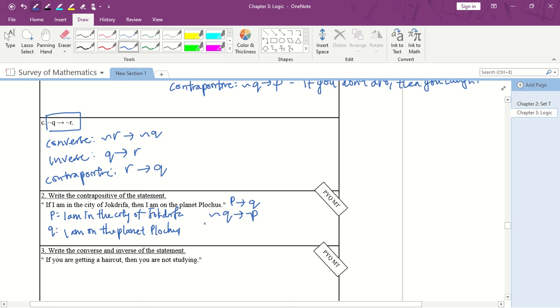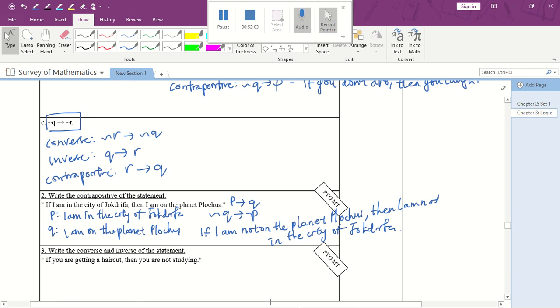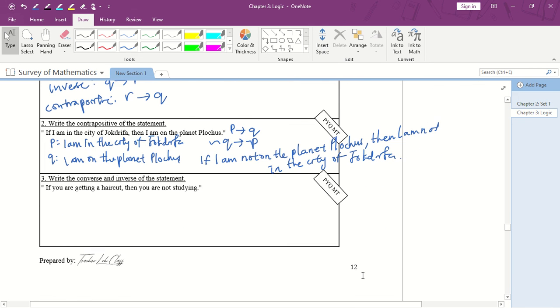So your answer should be: if I am not on the planet Blochus, then I am not in the city of Jogdriva. That's it for that question. It's kind of easy, right?